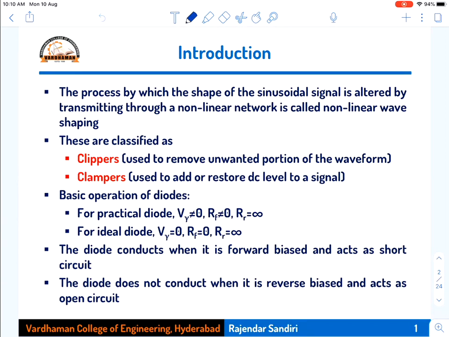Next, a clamper is a circuit which is used to add or restore a DC level to a signal. A sinusoidal signal is pure AC. If you want to add some DC to that, there will be a shift in the waveform, either in the positive direction or in the negative direction. The swing of the sinusoidal signal is across the zero level on the x-axis.